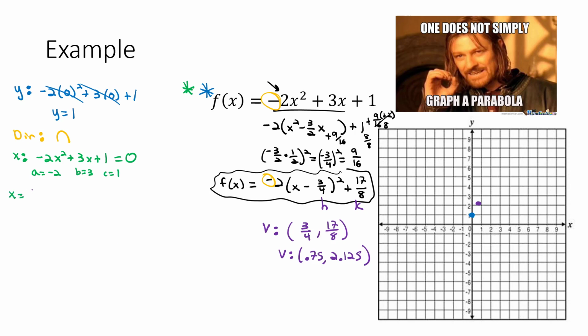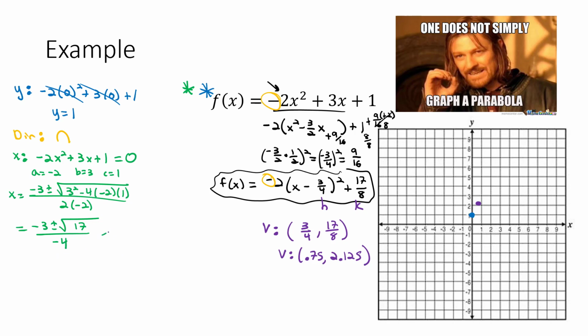So x is equal to the opposite of b, plus or minus the square root of b squared minus 4 times a times c, all over 2a. So plugging those values in, and then we're going to use our calculator to help us simplify inside the square root. So we have negative 3 plus or minus the square root of 9 plus 8 is 17 over negative 4.